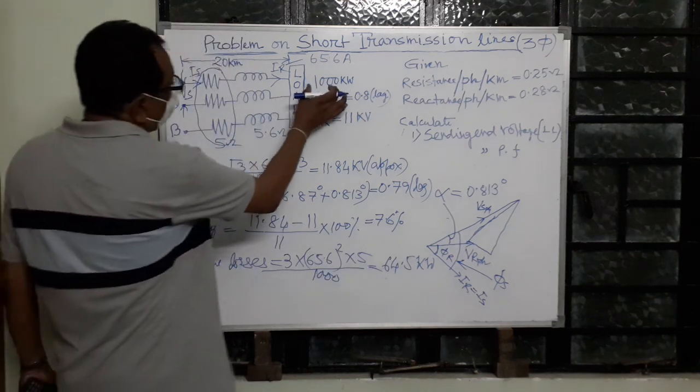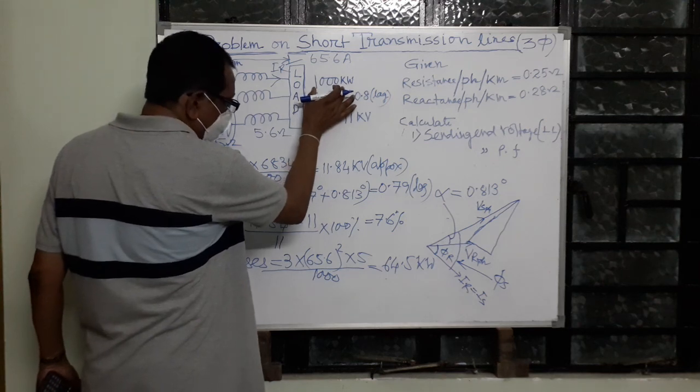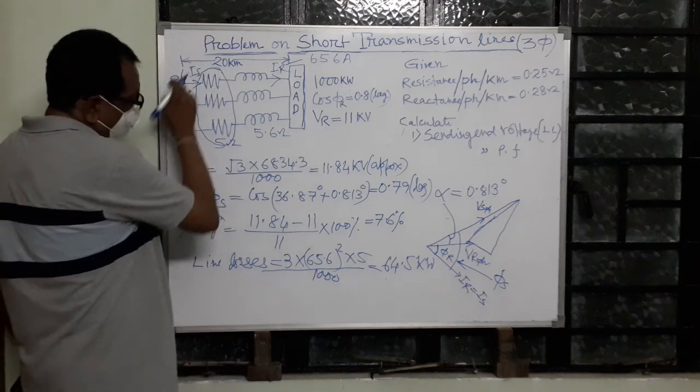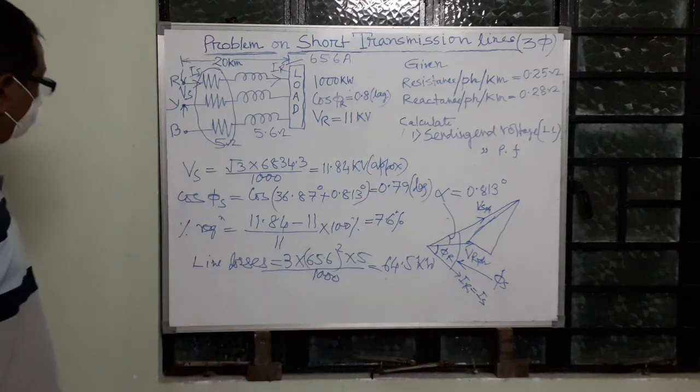So the receiving end power is 1000 kilowatt, and the line loss in three conductors is 64.5 kilowatt.